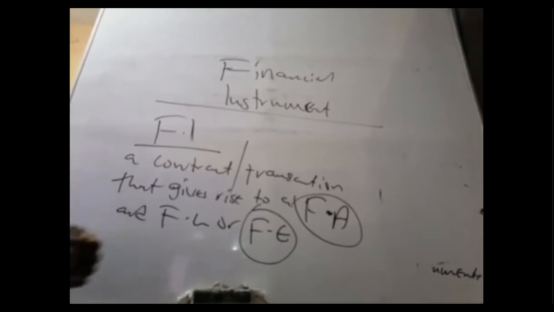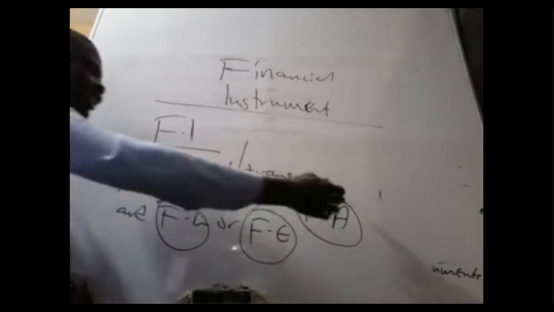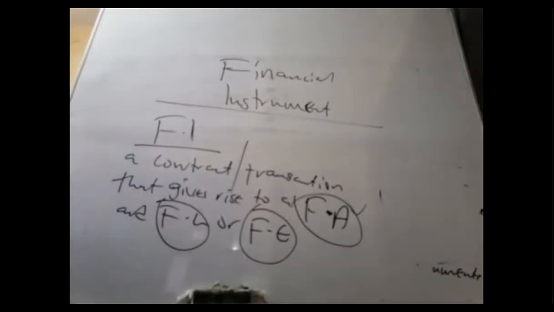For instance, you secure a loan from a company or a bank. This loan, to you, is a financial liability. What about the bank? It's a financial asset because they are making investments. So that's a financial instrument, basically.